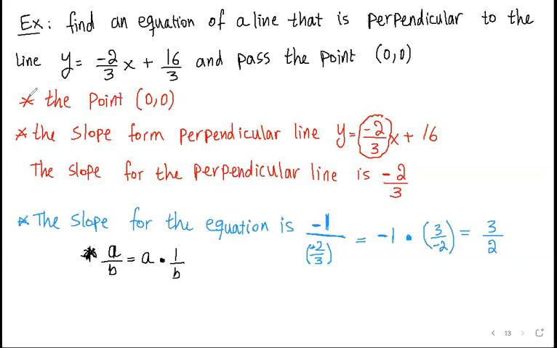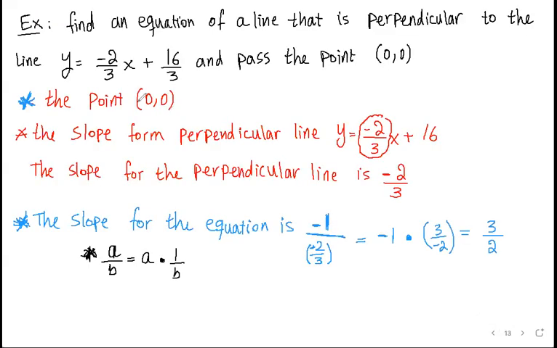So now I get the point, I get the slope. Just plug them inside the formula. Use the formula for the equation. So go back. I get the slope for the equation, I get the point. Use these two things to find the equation.